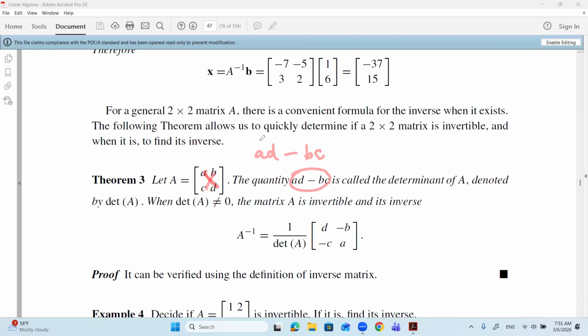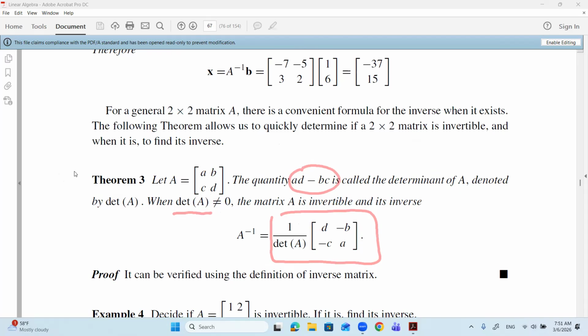After taking this difference of the products, we get a number. The number is called the determinant of this matrix A. When the determinant of A is not zero, then the matrix is invertible and its inverse can be represented by this form.